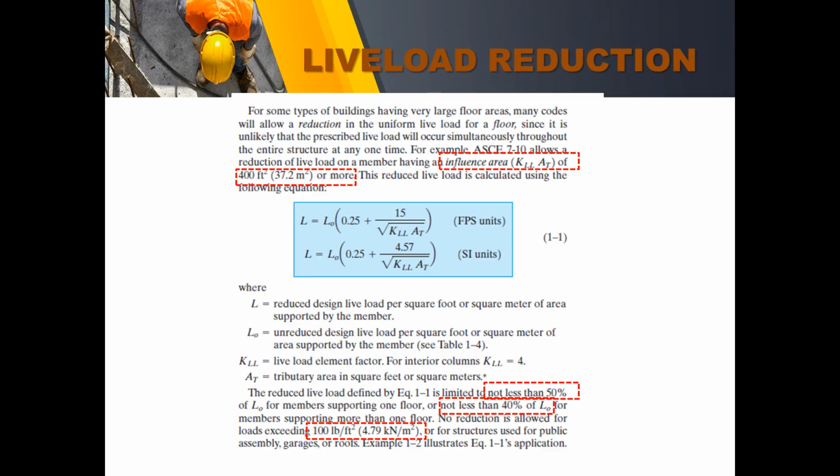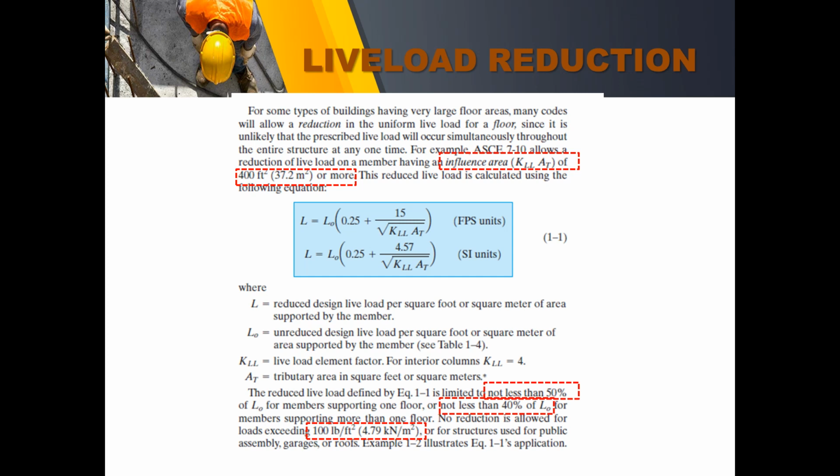Okay. So the live load reduction is normally governed by the influence area. That is the product of the live load element factor KLL as well as the tributary area. Okay.